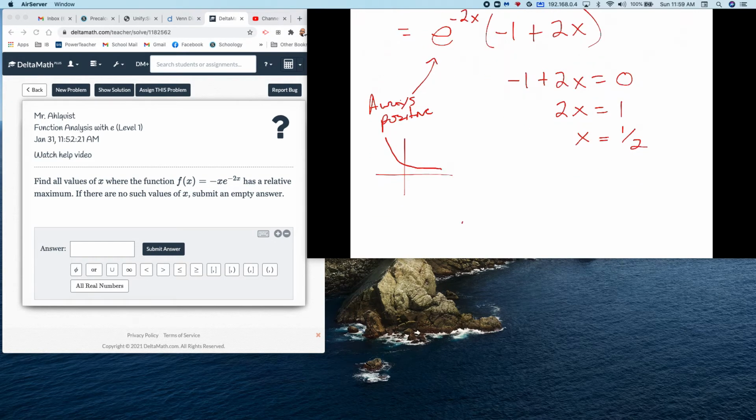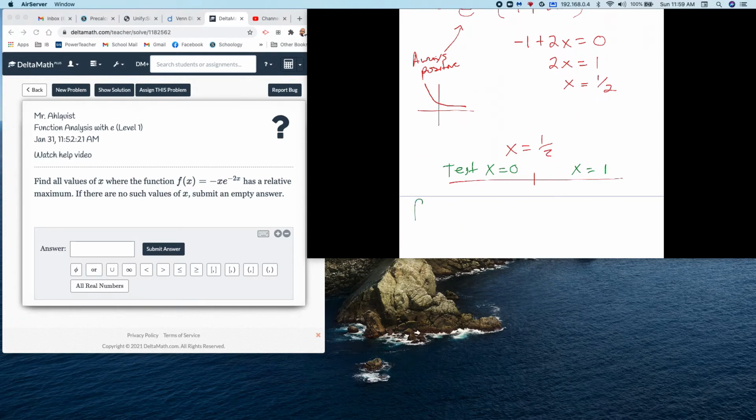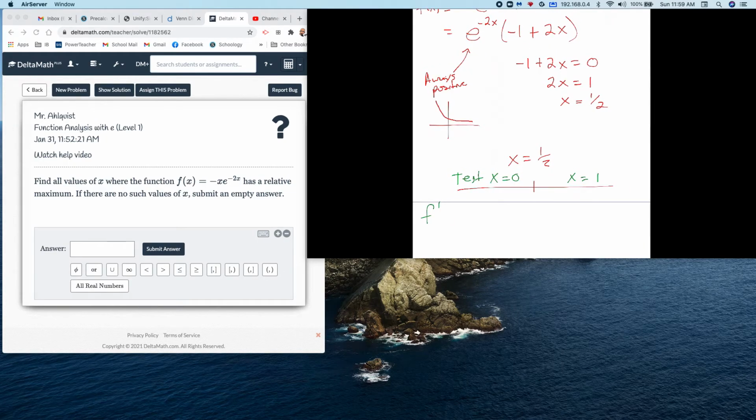Now we have x equals 1/2 here. If we test x equals 0 over here and x equals 1 here, we figure out what f prime is doing. Here is f prime, let me highlight it in green.